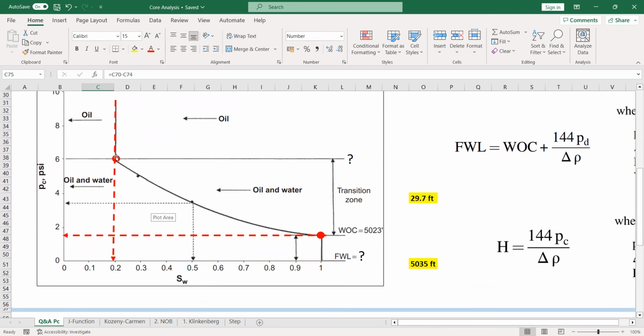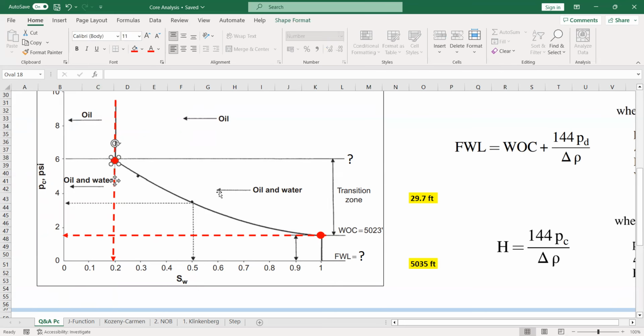So above this location, actually we have the capillary pressure, but of course you can convert it to depth. So above this depth, only oil will flow. All right, between the top of the pay down to this location.